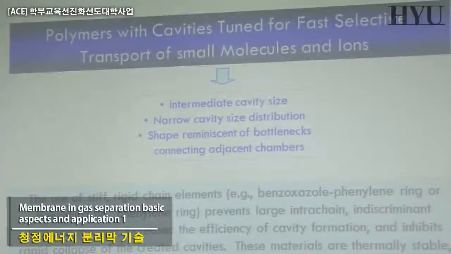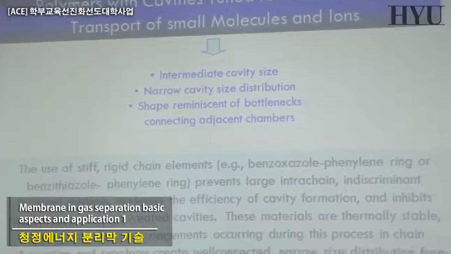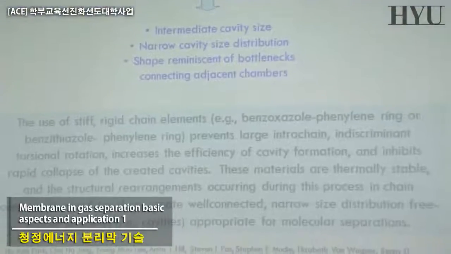You can have some kind of polymeric chain elements in which is present this benzoxazole phenylene ring or a benzothiazole phenylene ring. And this prevents large interchain, indiscriminate torsional rotation, but increases the efficiency of cavity formation and avoids what is happening in polytrimethylsilylpropene, the problem of this collapse of the structure with time, or under the conditions of operation.